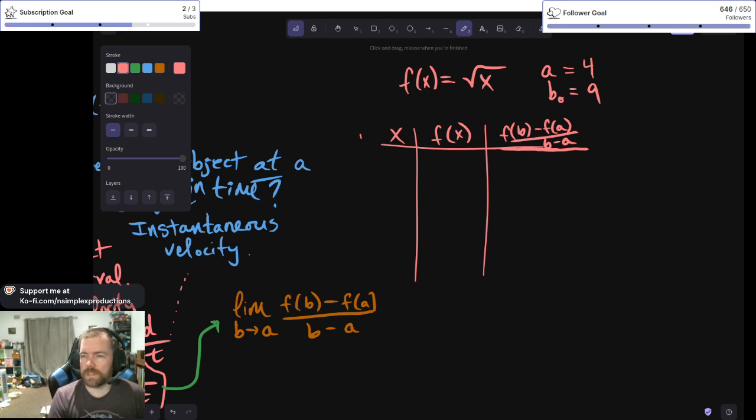Right, so we do the easy stuff first. We say what's going to happen when we start with 4 and 9, and then we'll keep moving things back further and further.